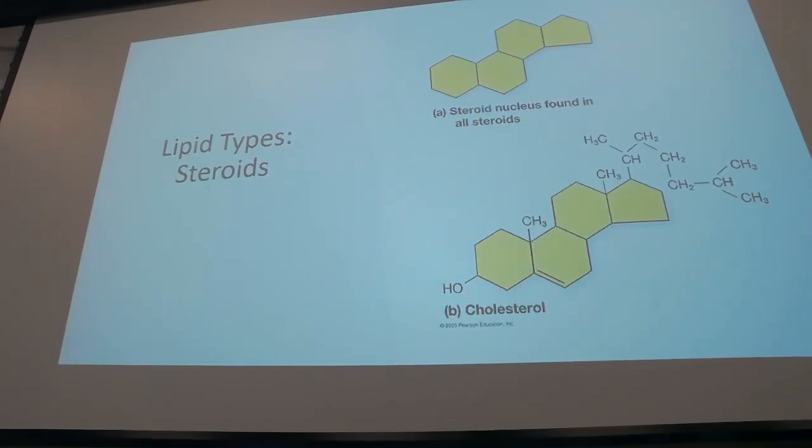Now we have other type of lipids that are called steroids. These steroids, they have these rings. They have 4 rings, and then these steroids that we have in our body are derivatives from cholesterol. And cholesterol itself, of course, is a steroid.